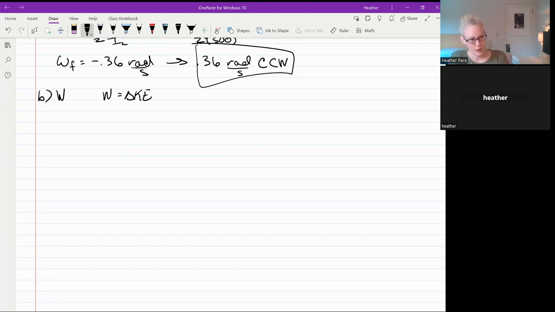Kinetic energy for rotational motion is 1/2 I omega squared, and kinetic energy for translational motion is, we can say like T, equals 1/2 mv squared.